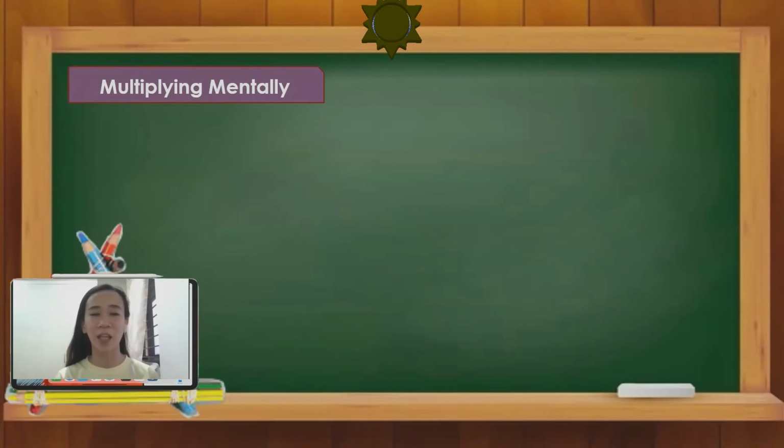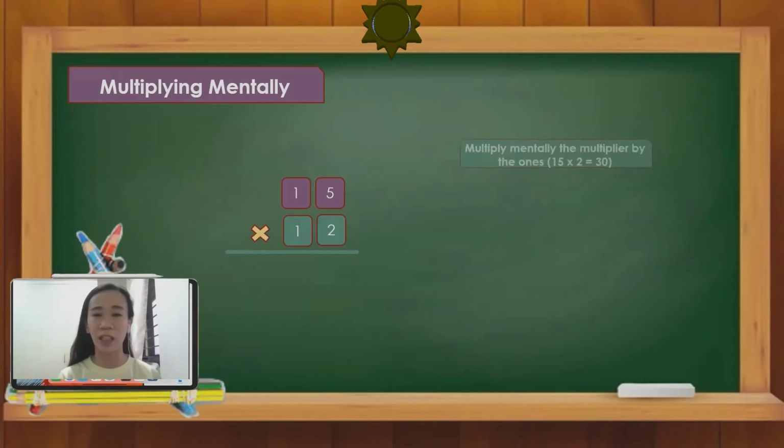Let us have another example. 15 times 12. First, we multiply the ones. That is 2 times 15, 30. Next, 10 times 15 is 150. And then we will add 150 plus 30. That is 180.